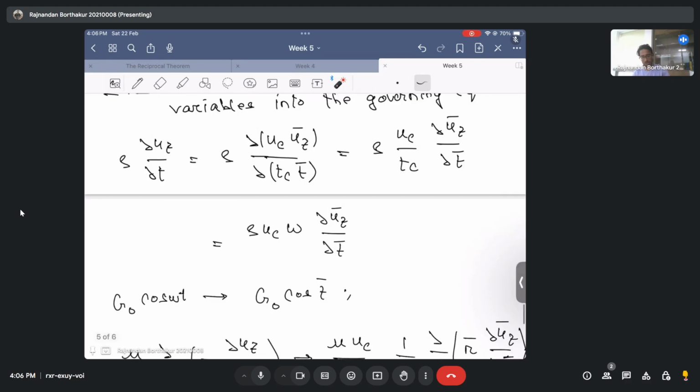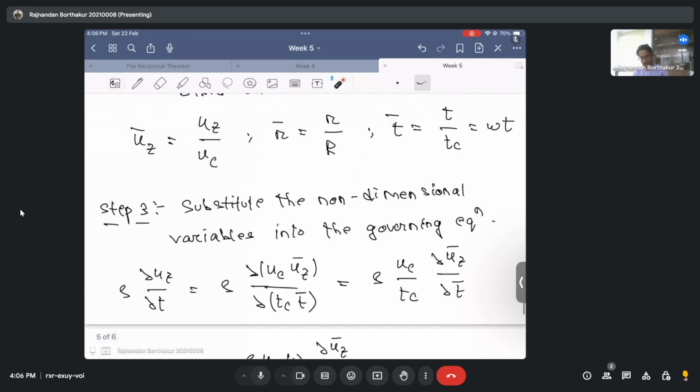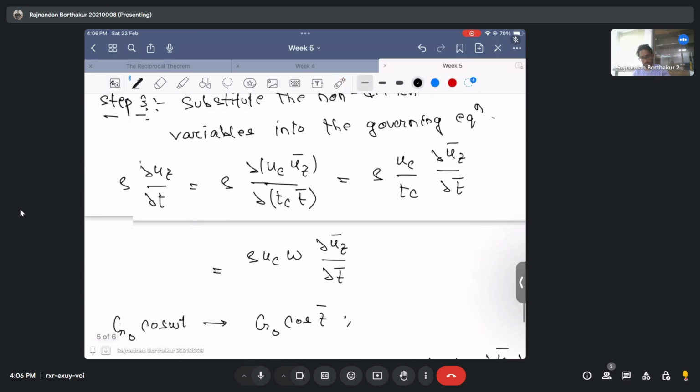Okay. So now once we have derived all the non-dimensional forms, we'll just substitute these forms in the governing equation. The governing equation does turn out to be something like this.